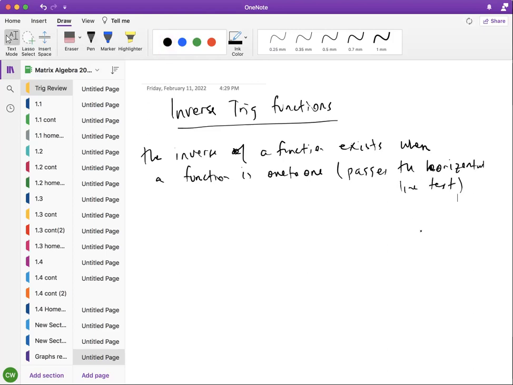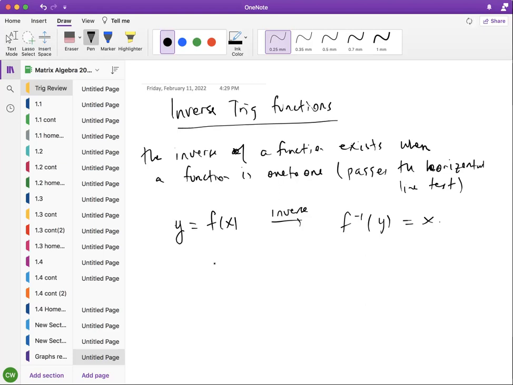So why is that true? Well, what the inverse function means is that if you have y equal to f of x, the inverse of a function means that if you plug in the outputs, you should get the inputs back.